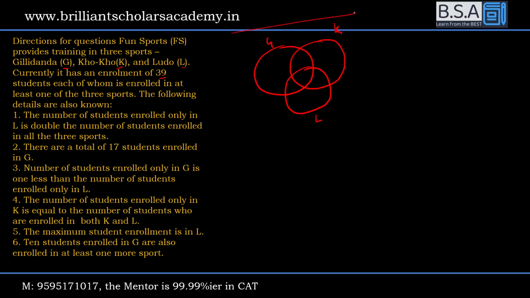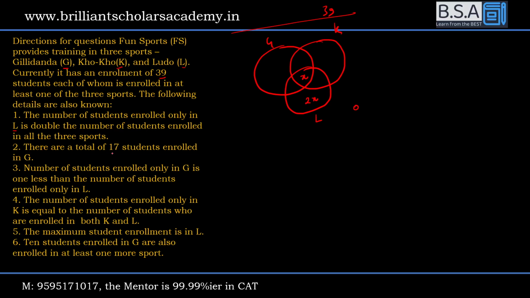There are a total of 39 students and everybody is enrolled somewhere, so there is nobody outside, that is 0. The number of people who are enrolled only in L is double the number of students who are enrolled in 3 sports. So whatever comes here, Ludo only is double.